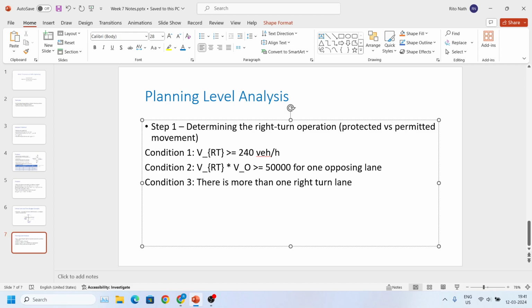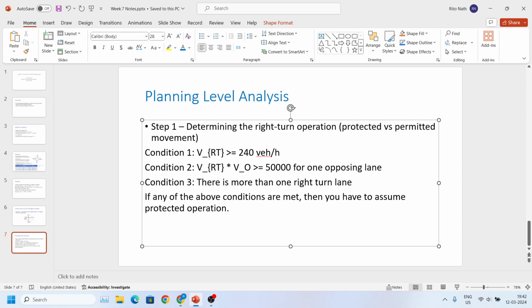If any of the above conditions are met, then you have to assume protected operation. We'll see one question related to this in the assignment.